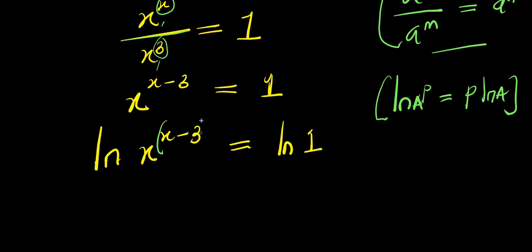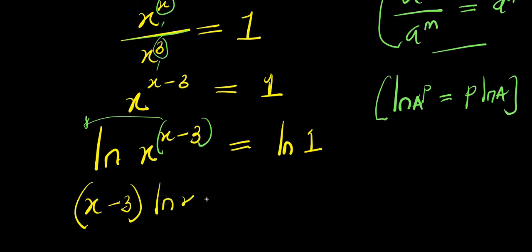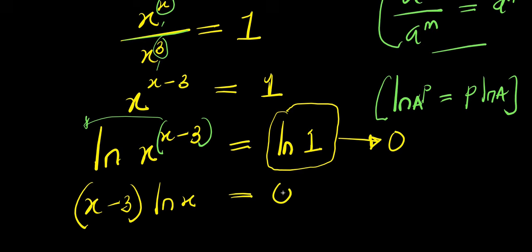So the x minus 3 will come all the way over here. Then we have x minus 3 times natural log of x equals the natural log of 1, which is 0.